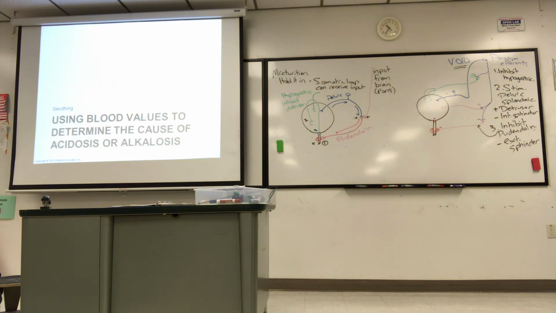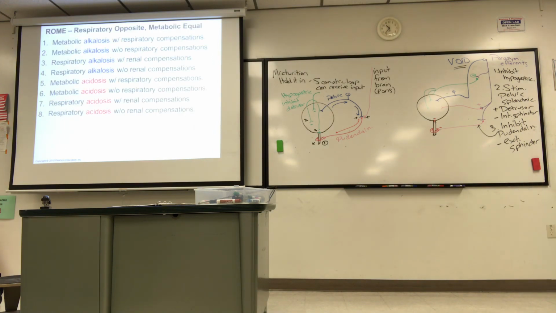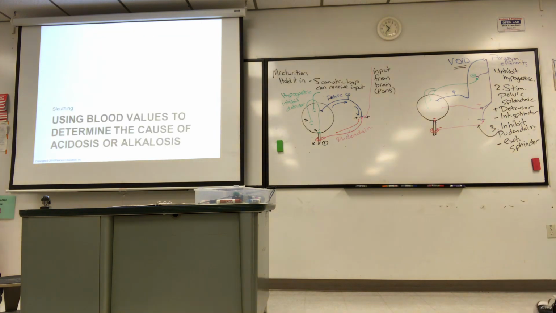All right, so the last topic for your A&P career, and it does feel like a career all over the class you take, is using what's called blood sleuthing. The book I use is your book, the Marieb book, and I teach based on a figure in the book. Let me give you a page number in case you want to follow the book after the lecture is over. Yeah, here it is.